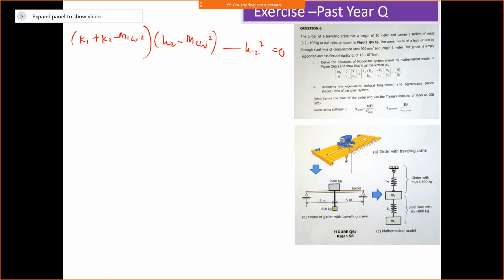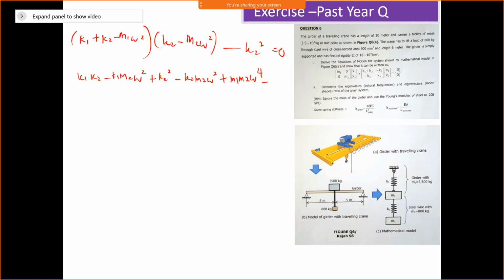Then dari situ expand lah, expand our equation, then we will get K1 K2 minus K1 M2 omega square plus K2 square minus K2 M2 omega square plus M1 M2 omega to the power 4.